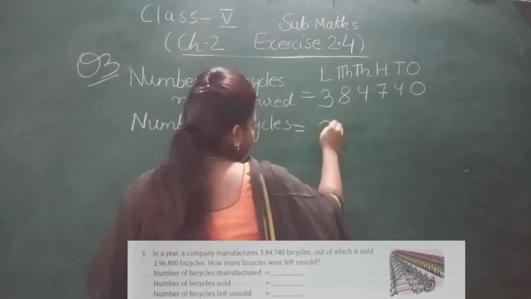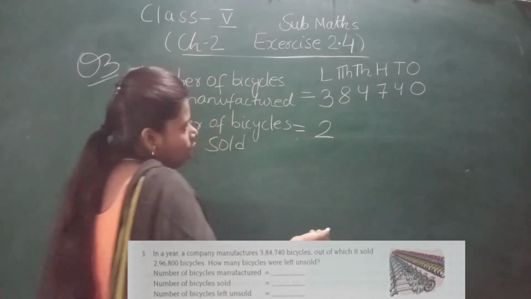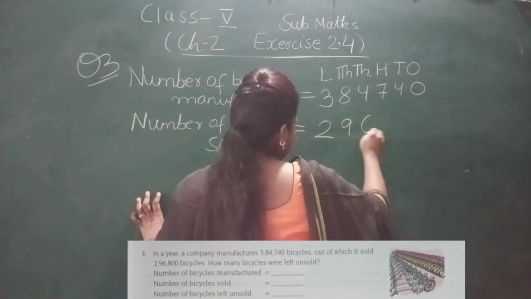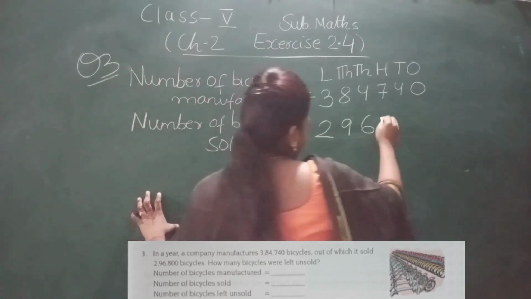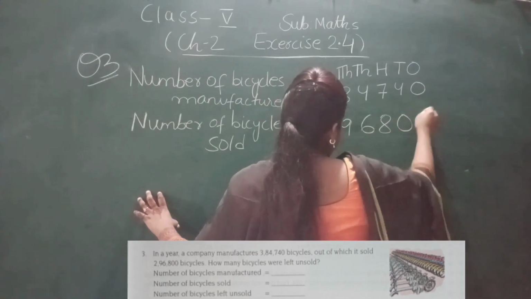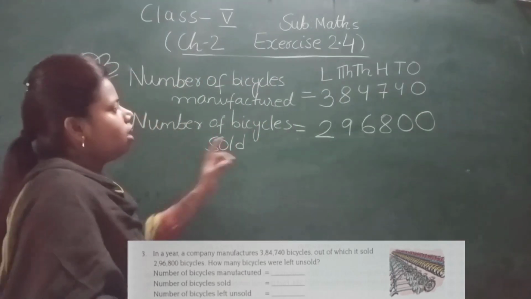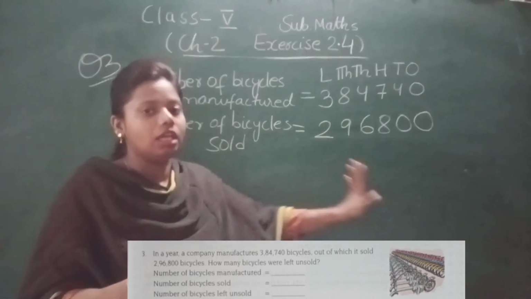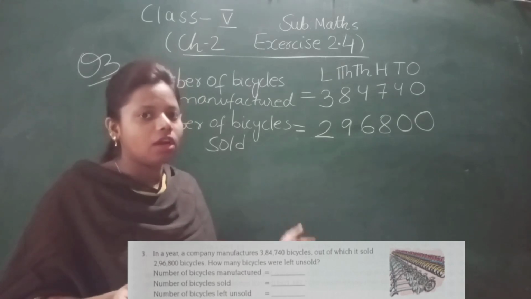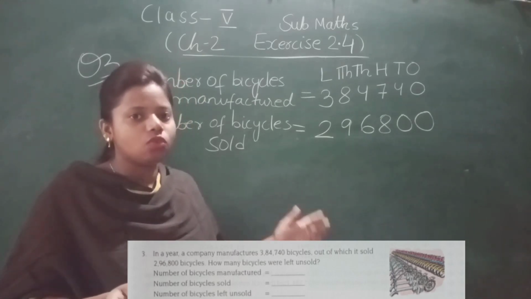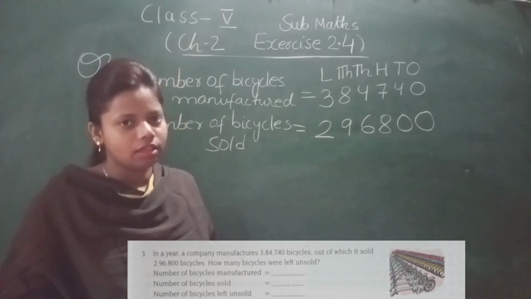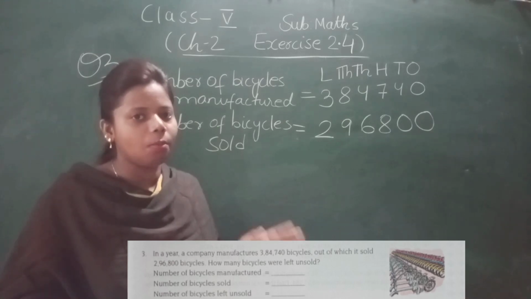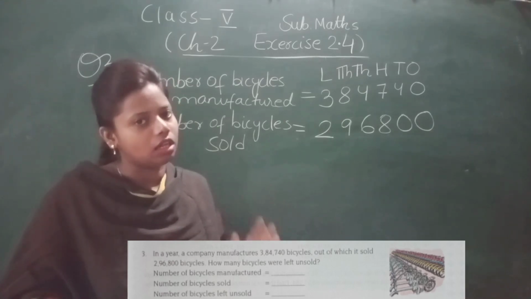So 2 lakh, then 96,000, then 800. So these many bicycles were sold. Now what we have to find? The number of bicycles which were unsold.